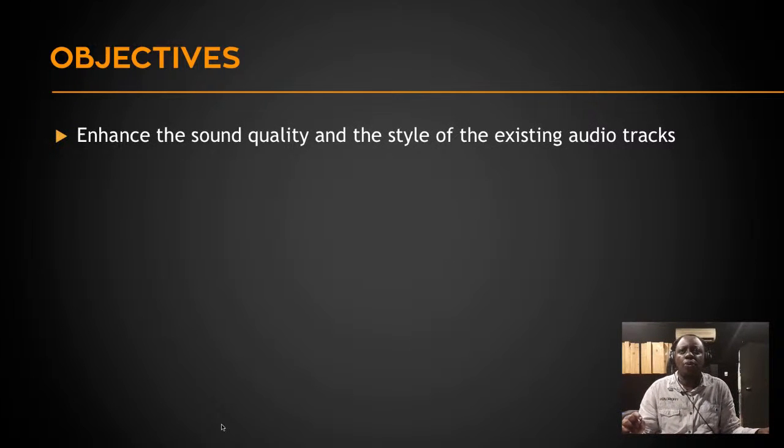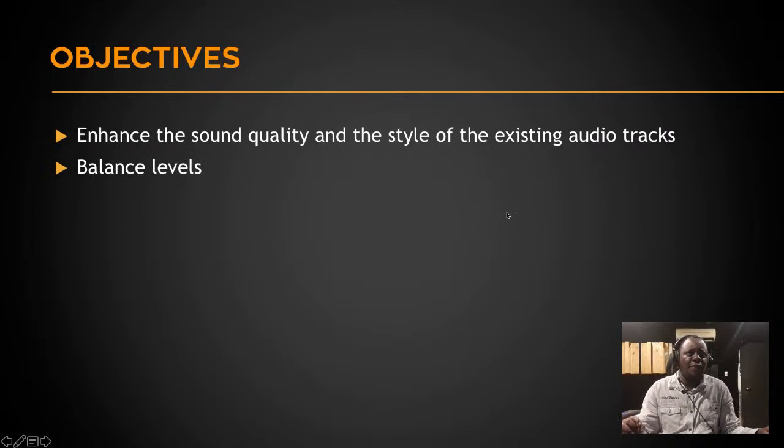We want to make sure that we enhance the quality and the style of the existing audio track. So once we have an audio track that has been recorded, probably on set, we want to make sure that we enhance its quality so that it meets the standards.